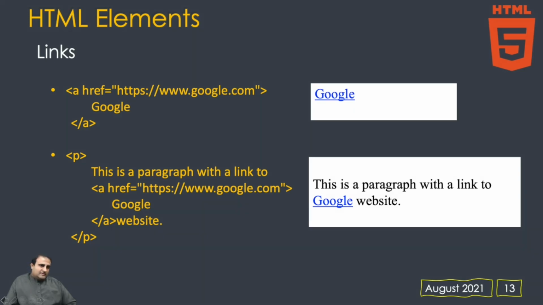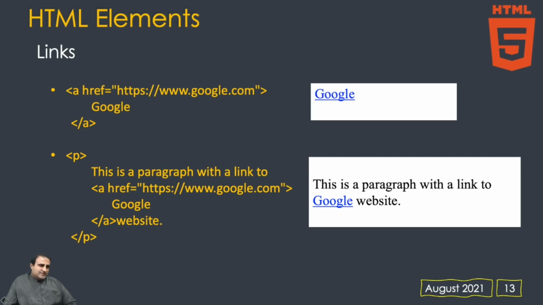And then, for example, we can also have links in the documents. This is provided by the a tag, and there is a specific property href which mentions where the browser should go when the link is clicked by the user.